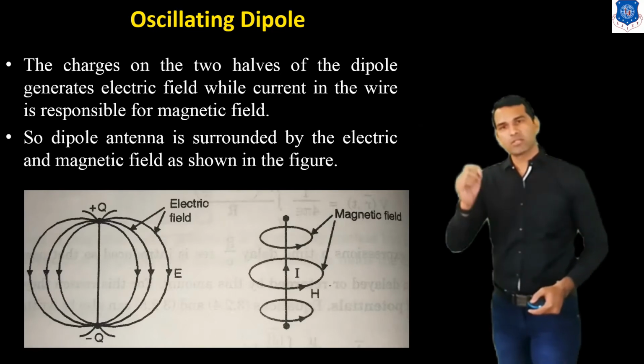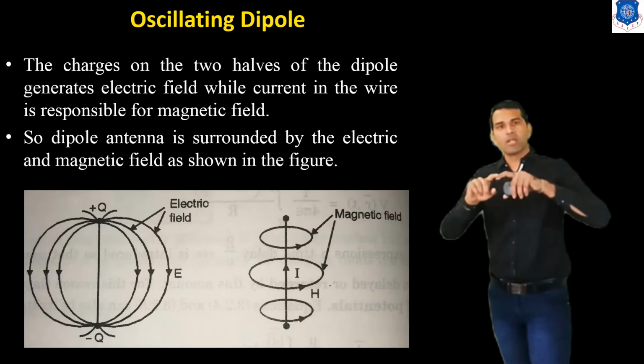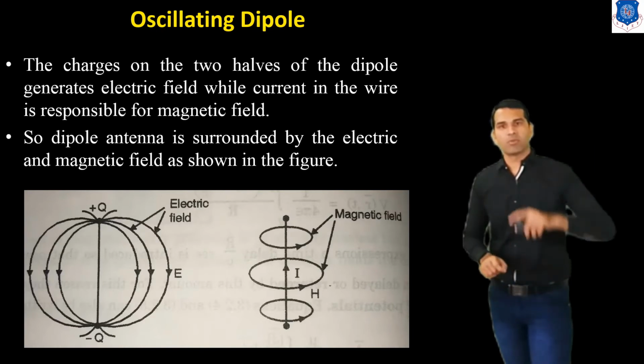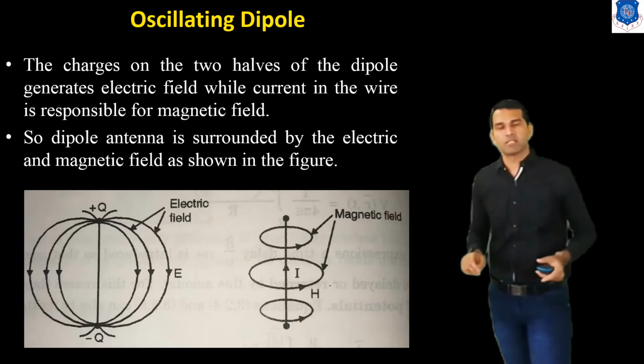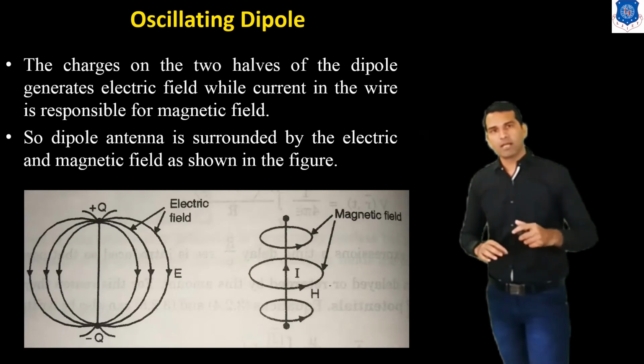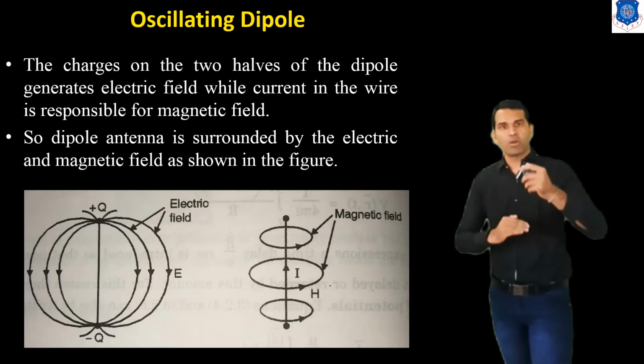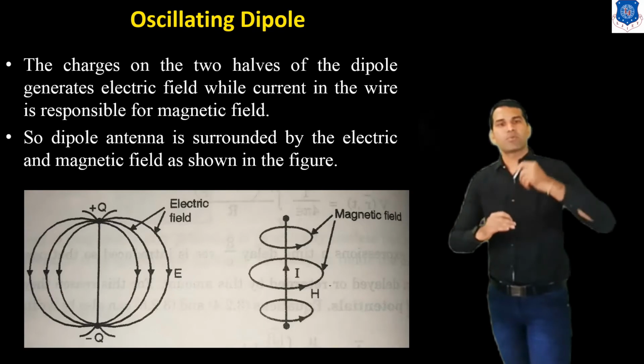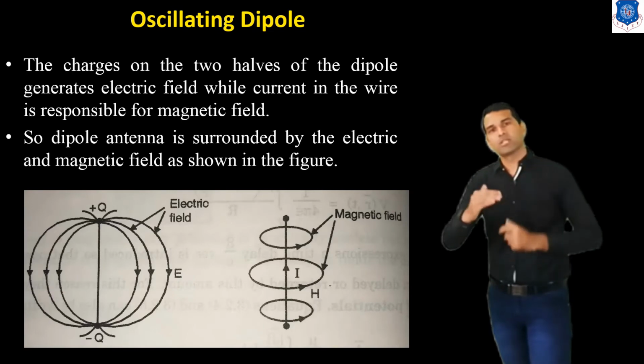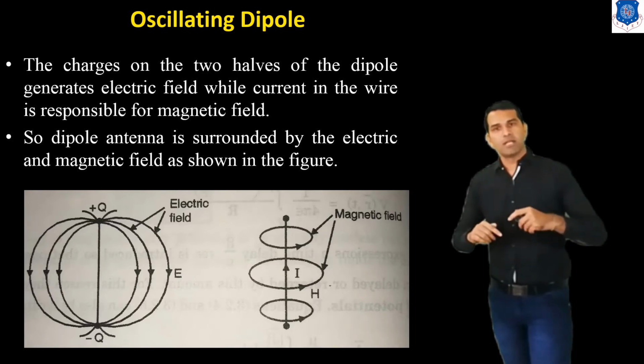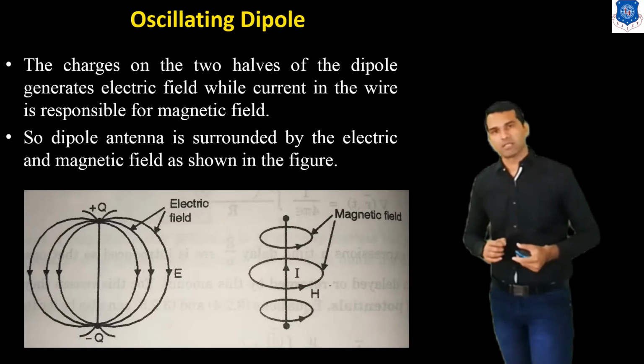This is the plus Q and the minus Q, so it generates electric field lines from plus to minus. We know that for alternating current the polarity changes, so the minus portion becomes plus and the plus portion becomes minus, which generates the electric field in the opposite direction.